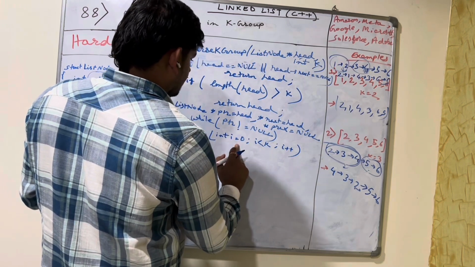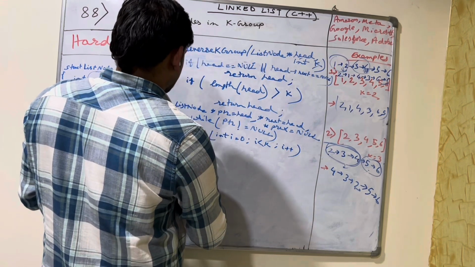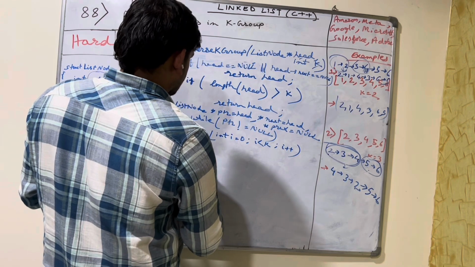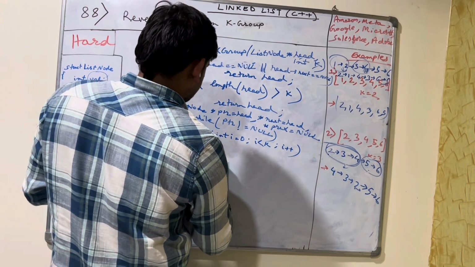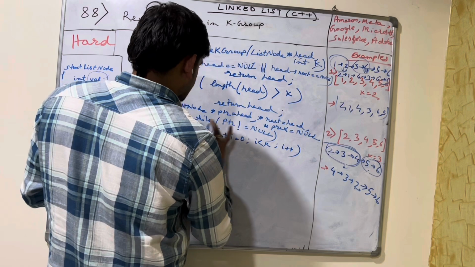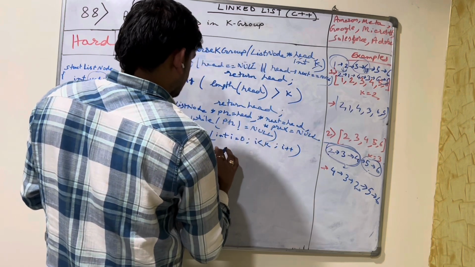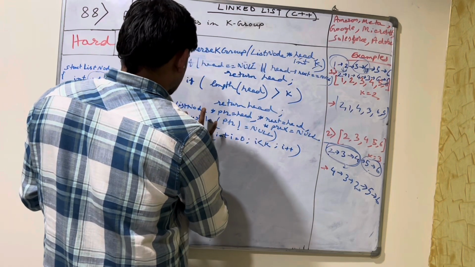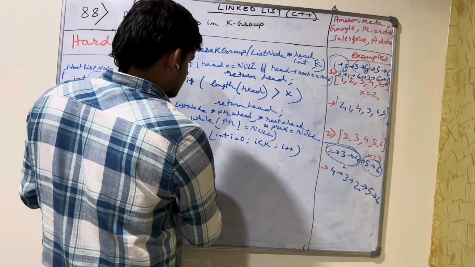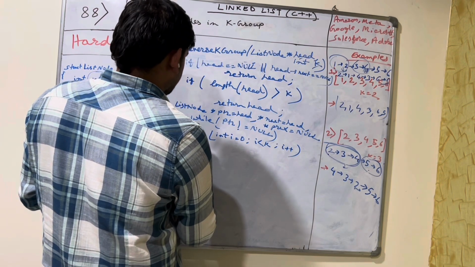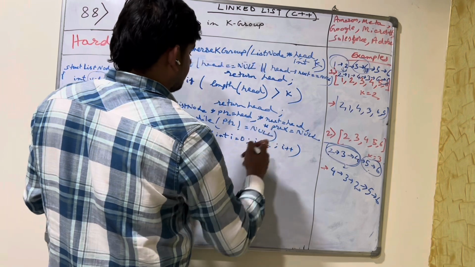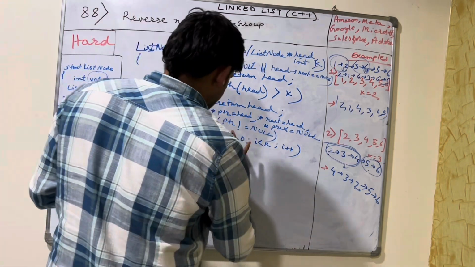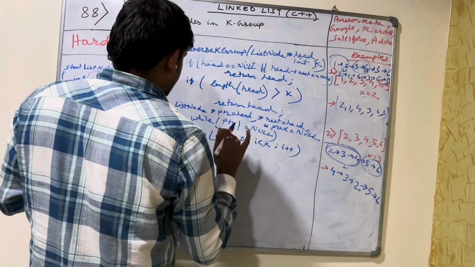This condition has to be there, i less than k. While ptr not equal to null is also required, because if ptr reaches null, it will be inside this. We'll discuss this when we try that, and we'll understand.